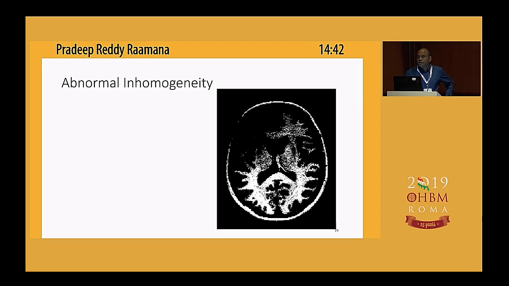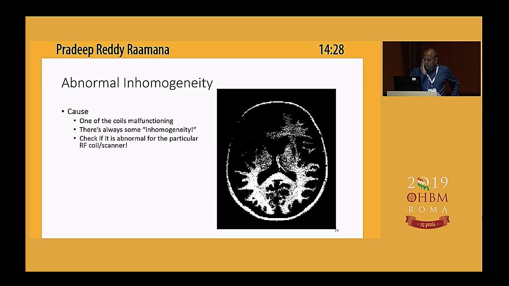The next artifact is something called abnormal inhomogeneity. A common cause for this artifact is one of the coils malfunctioning in the setup. It's important to note that most multi-channel RF coils do have some inhomogeneity in them, maybe sometimes by design, but what we're looking for is something that's abnormal for that particular coil.